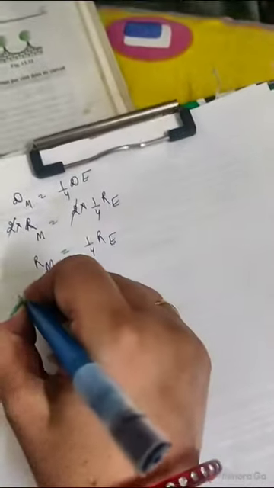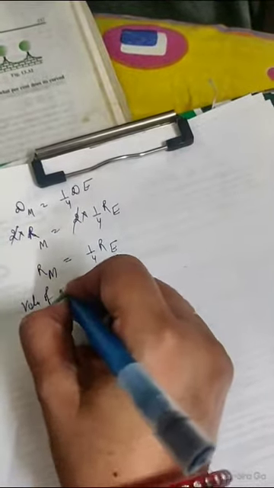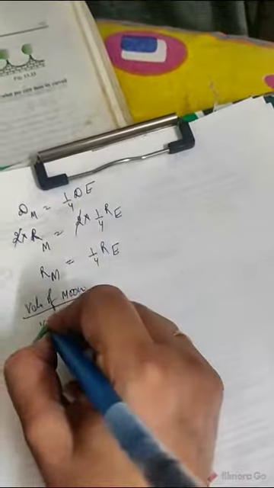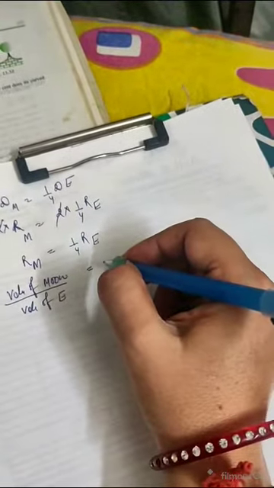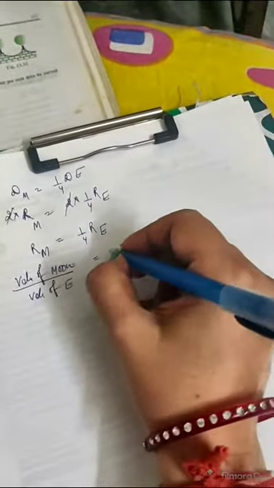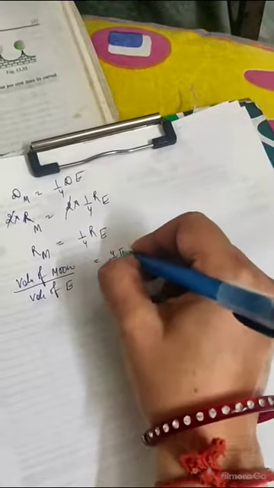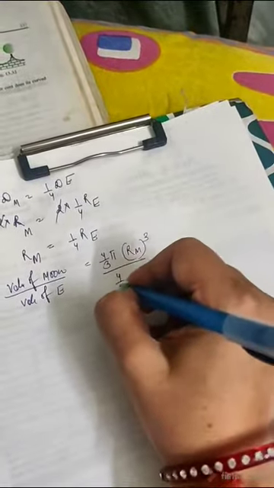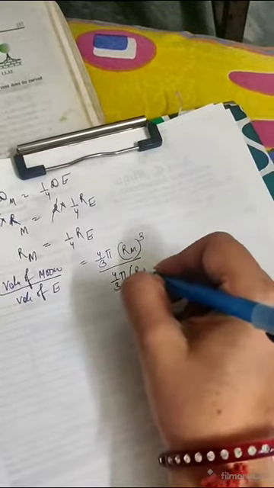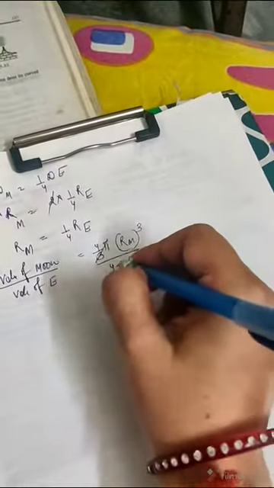यानी कि you have to find out volume of moon divided by volume of earth. Since moon and the earth are spherical in shape, तो volume will be equal to 4/3 pi rm का whole cube, 4/3 pi re का whole cube. They are cancelled.